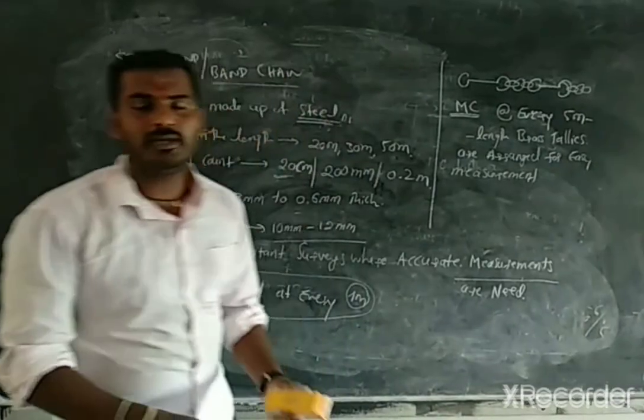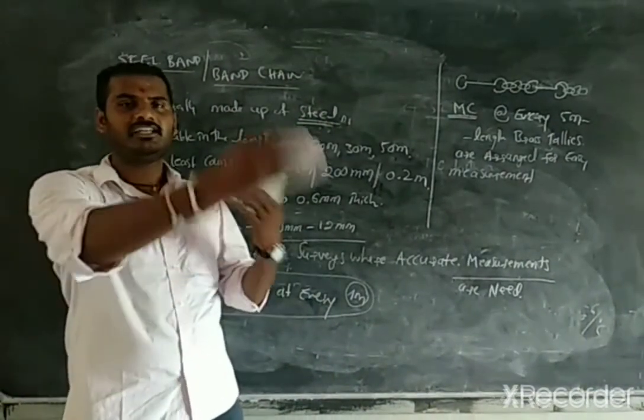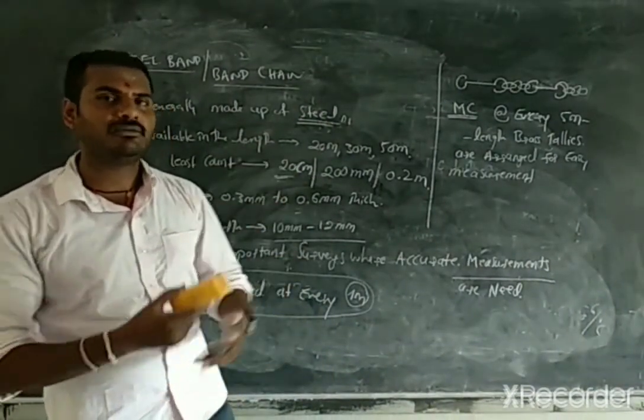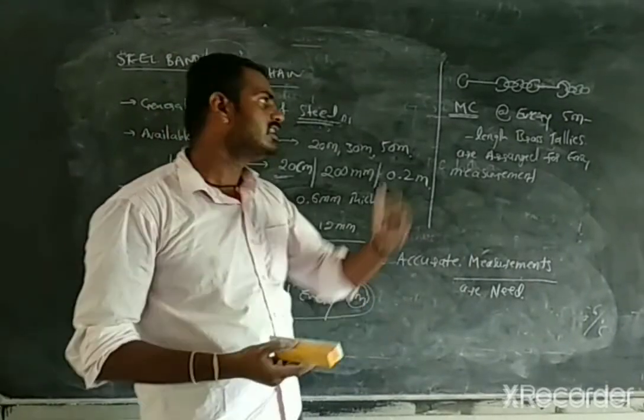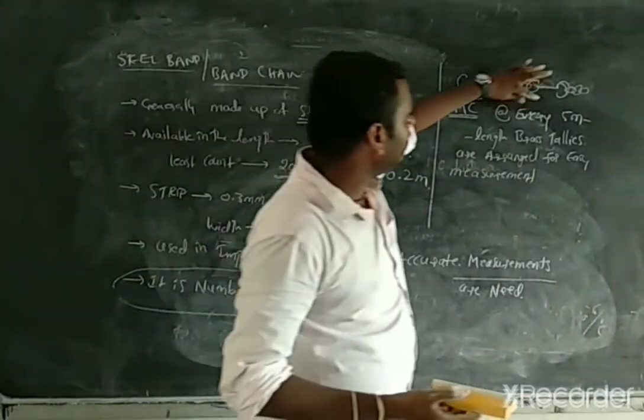As you know, the metric chain itself doesn't have any graduations. So to make the measurements easy and possible, generally at every 5 meter length we provide tallies.